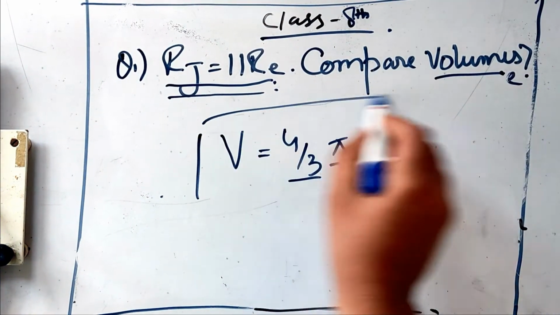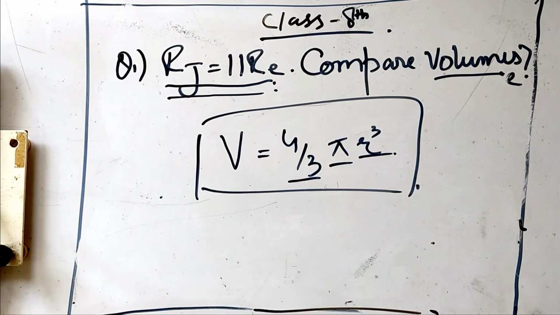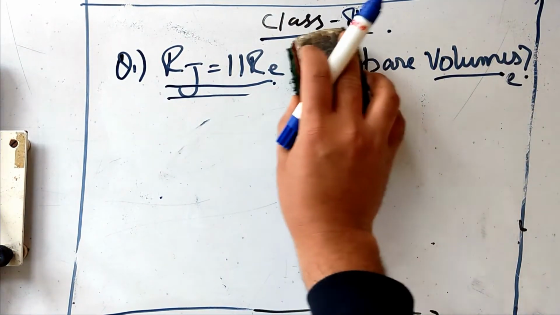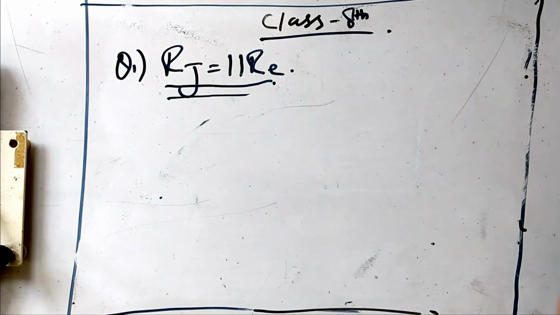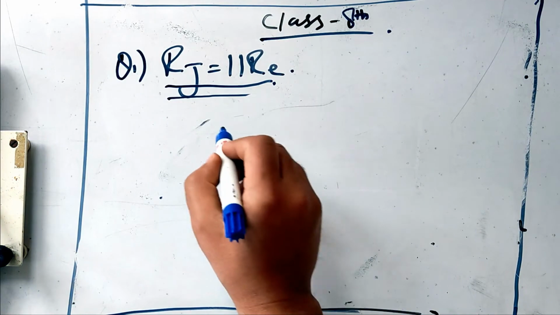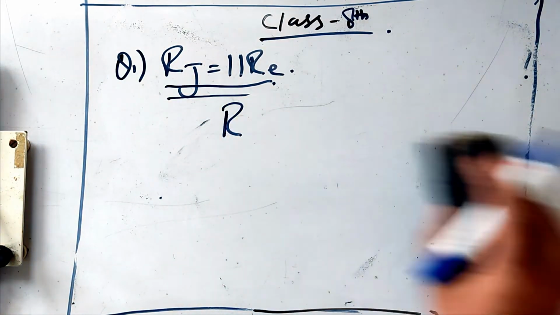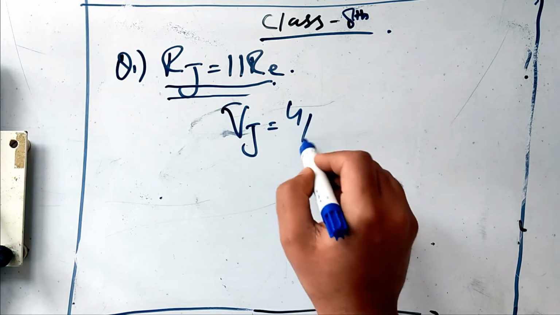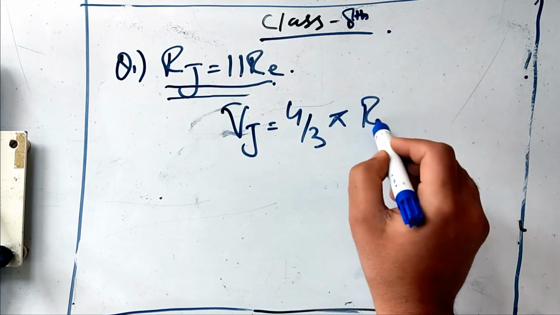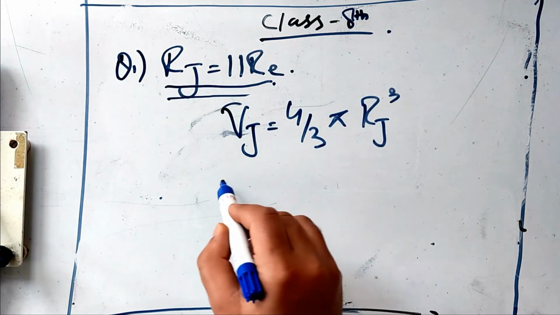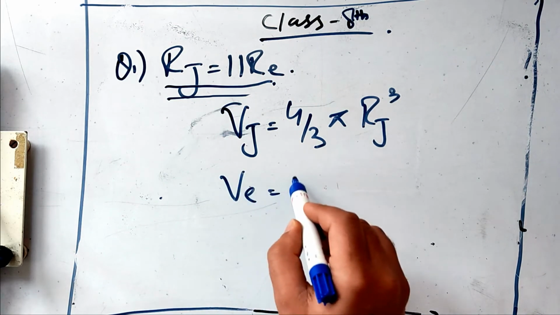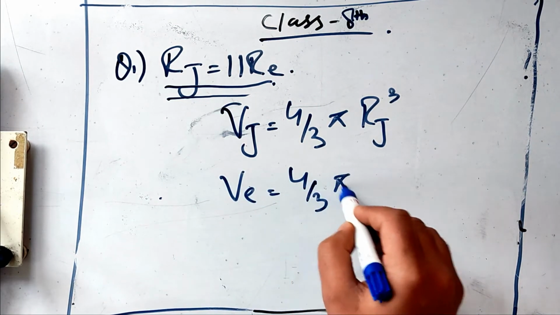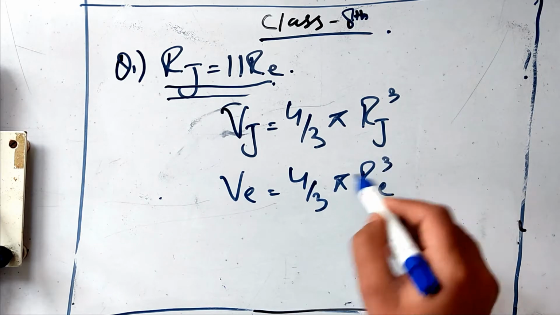Now, the volume of Jupiter will be 4 by 3 pi radius of Jupiter cube, and the volume of Earth will be 4 by 3 pi radius of Earth cube.